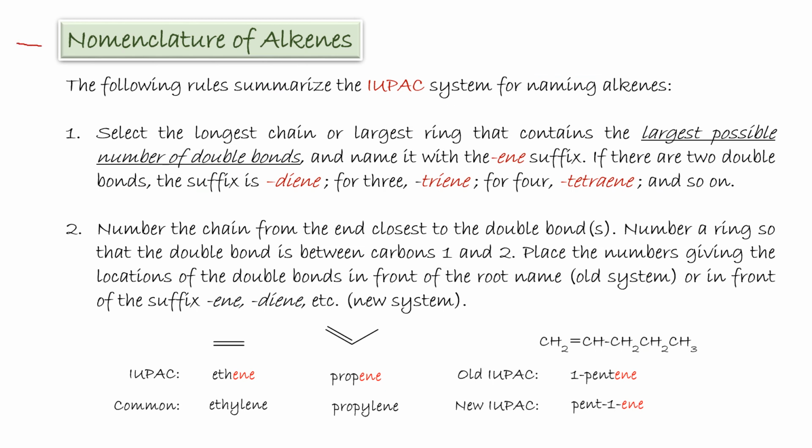We will start with nomenclature. Nomenclature of alkenes. The following rules summarize the IUPAC system for naming alkenes. Number 1.